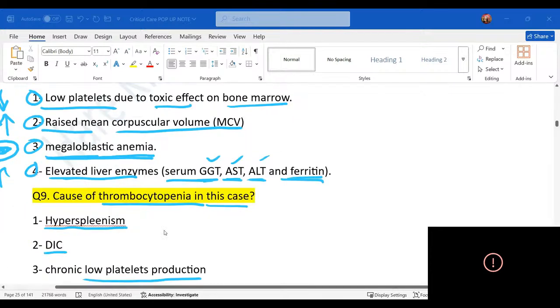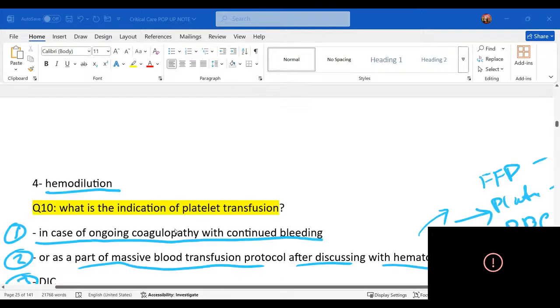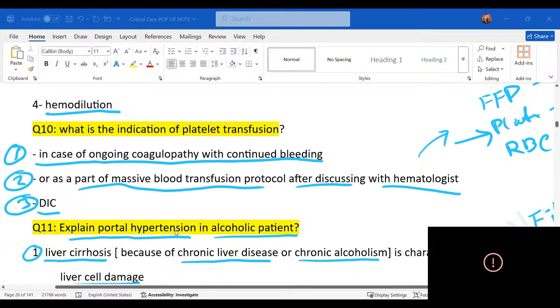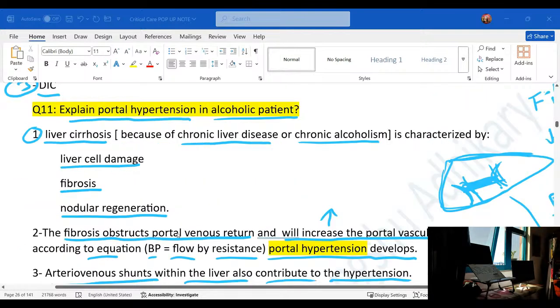Causes of thrombocytopenia in this case: low platelet production due to toxic bone marrow effect, hypersplenism, DIC, and also hemodilution. And what is the indication of platelet transfusion in case of ongoing coagulopathy with continued bleeding as part of the massive blood transfusion protocol after discussing with the hematologist, and DIC? Explain portal hypertension in alcoholic patients.